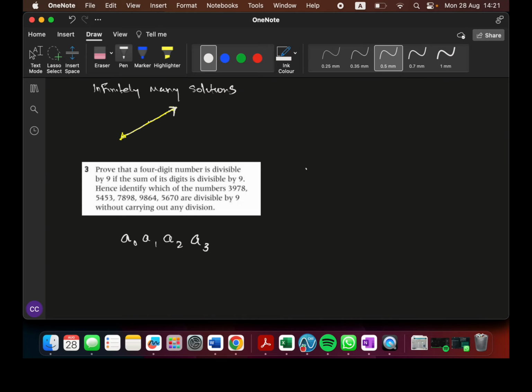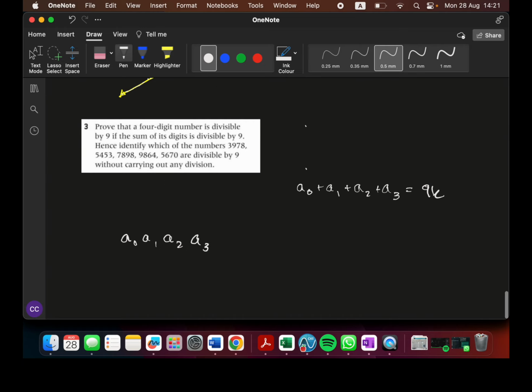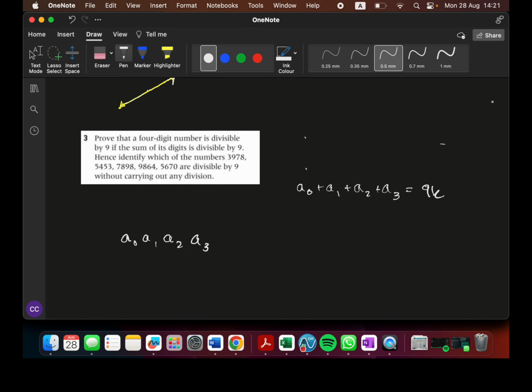And we know that if we add all of these digits together, we end up with 9K. That's an important first step here.